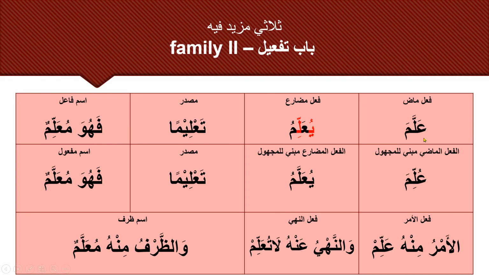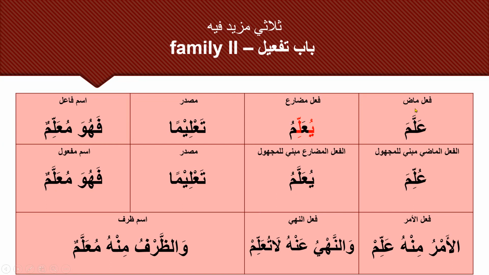And why are we saying that he taught? We have already learned that a single word gives the meaning of a full sentence in a fi'l. All the fi'l that we see give the full meaning of a sentence. So Allama means he taught. It doesn't need anything else to complete the sentence because a single word in itself is a complete sentence. Allama means he taught, and why?